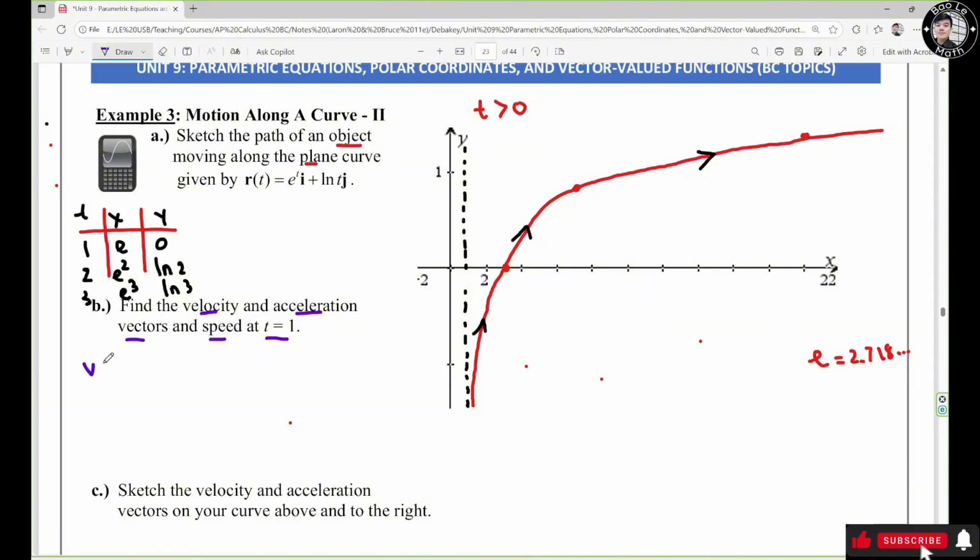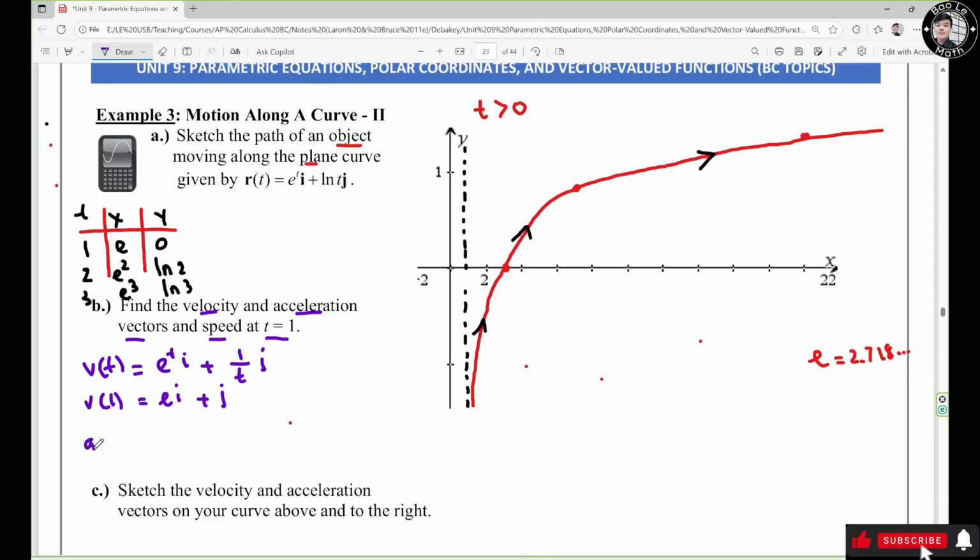So we have v of t is e to the t i plus 1 over t j. Now you have v of 1. It's going to be e to the 1, which is e i, plus 1 over 1 is going to be 1 j, so I just write j.